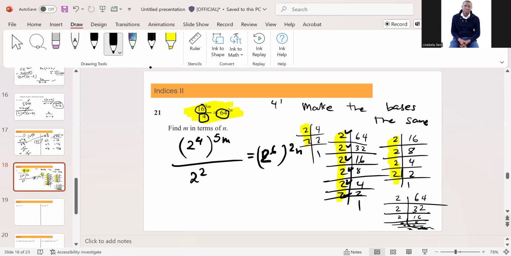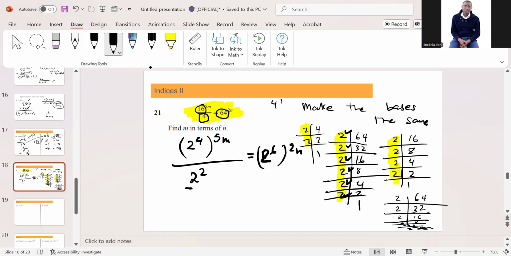Now, there's a reason why we want to make the bases the same: when the bases are the same, you can start to simplify your problem. If you look at these two bases here on this side, I can use the law of division, where I can subtract the exponents, because the base is the same, it's 2.